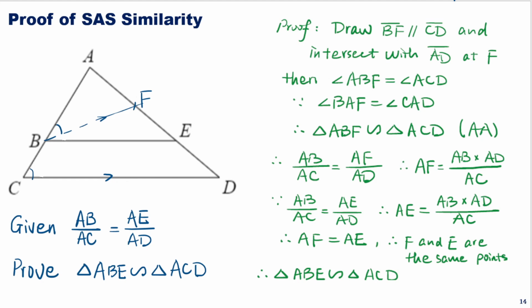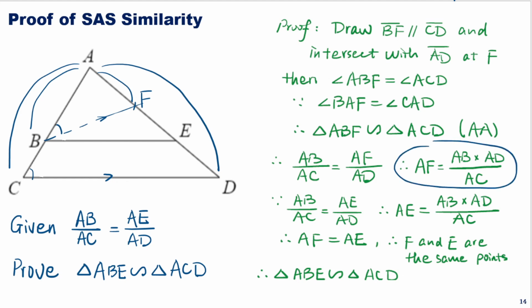You see that? Therefore, corresponding sides are proportional. So AB over AC should equal AF over AD, right? Therefore, we have AF equals AB times AD over AC. And according to the given information, we know AB over AC equals AE over AD.